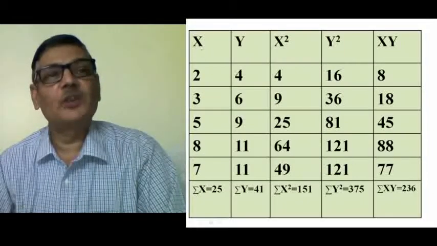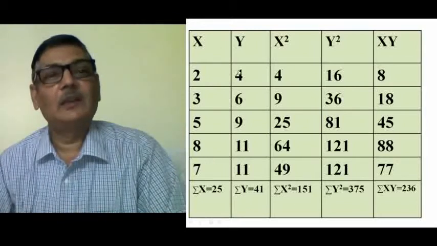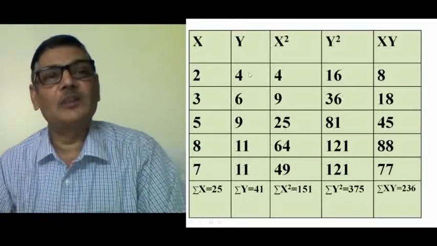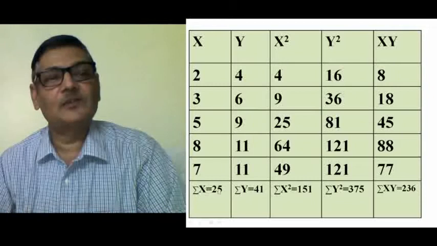Now what is shown here, that x variables are shown in this column, that is the length of thorax in millimeter is shown in the first column, then length of abdomen is shown in the second column, that is y variables are here, and we have taken sum of x, that has come 25, sum of y, it has come 41.